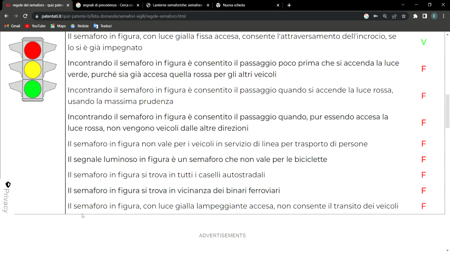So the last one, it says, "il semaforo in figura con luce gialla lampeggiata accesa non consente il transito dei veicoli." So he's saying that this traffic light, in a situation whereby the yellow light is already on, does not permit the transit of vehicles.